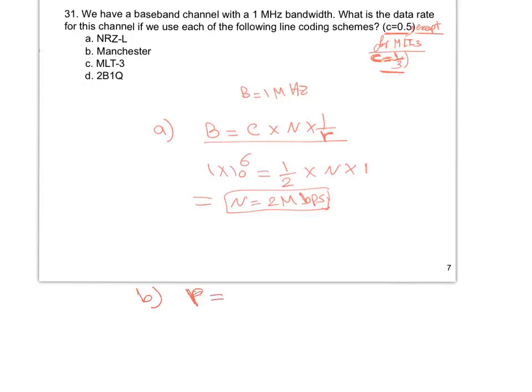So for case B, which is Manchester, remember, the R value is the number of bit elements divided by the number of signal elements, so that's 1 over 2. This leads to the bandwidth equals half times n times 1 over 2, which makes n equal 4 times the bandwidth, which is 4 megabits per second.